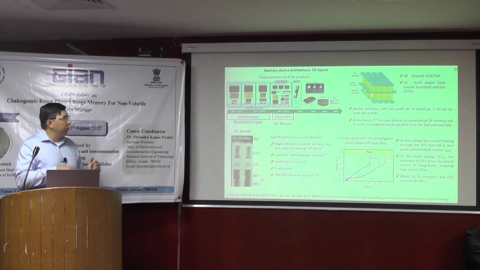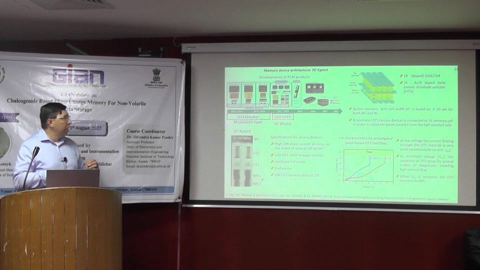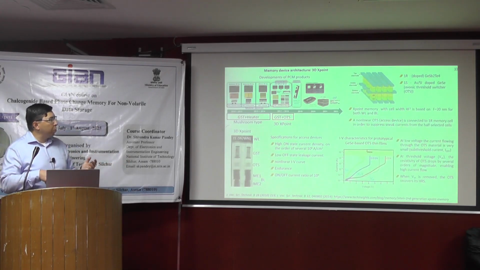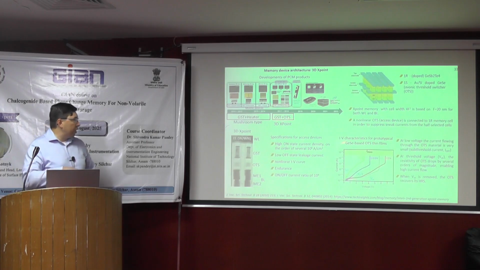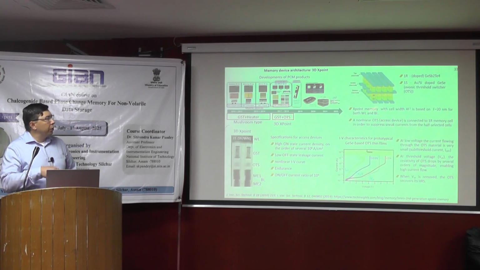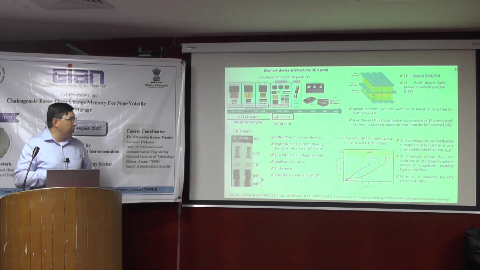So the development was in the direction of how to get a very nice selector. This selector should provide a high current density on the order of 10 to the 6 ampere per square centimeter to reach this 3D technology. It should also have high endurance and a high on-off current ratio.